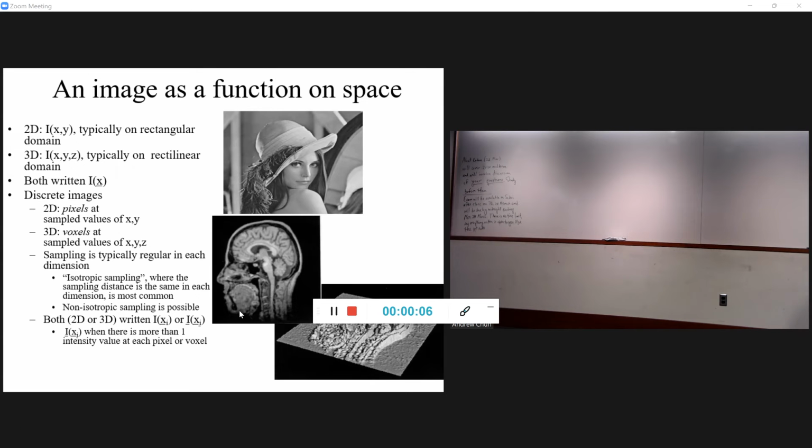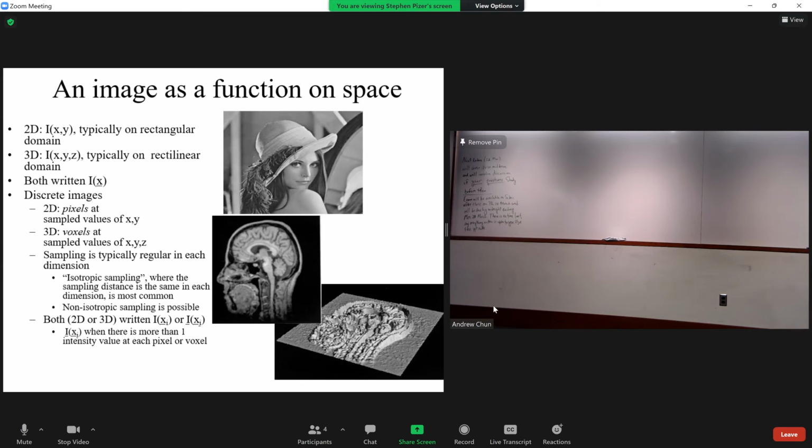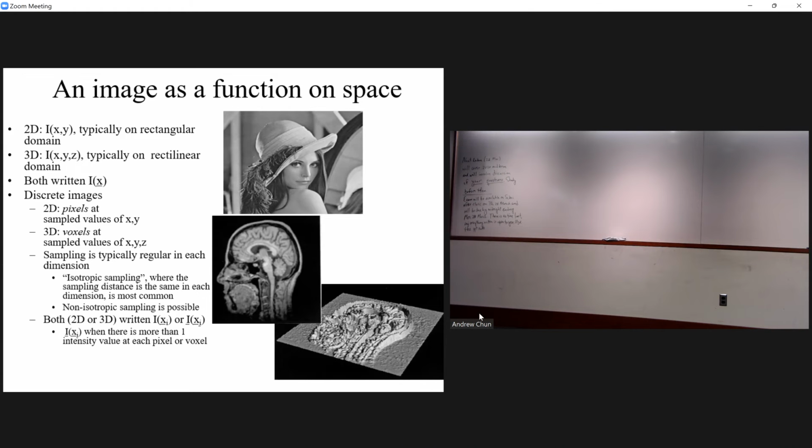Okay, so I remind you that we've been talking about 2D and 3D images in this course. Almost all my examples in the class have been in 2D, partially because what I have on the essay writing area is 2D, and it's easier to show that.